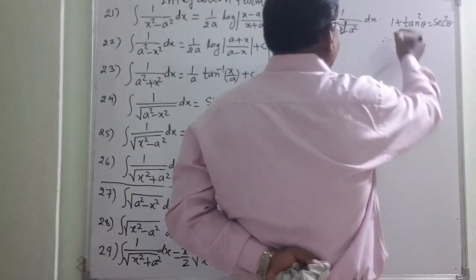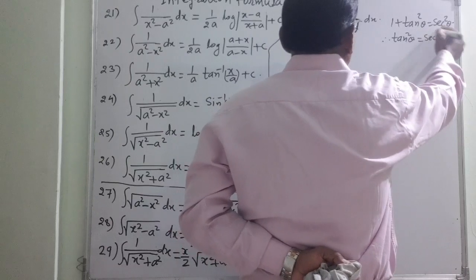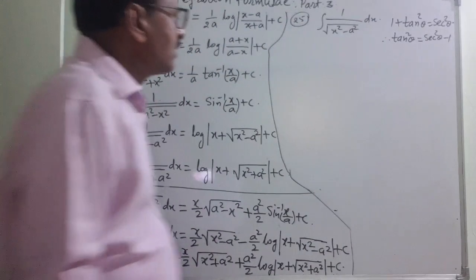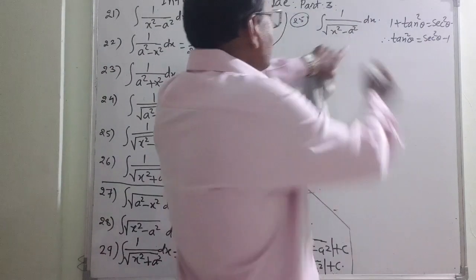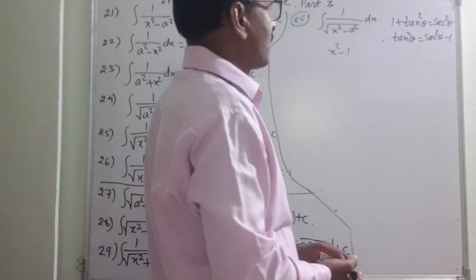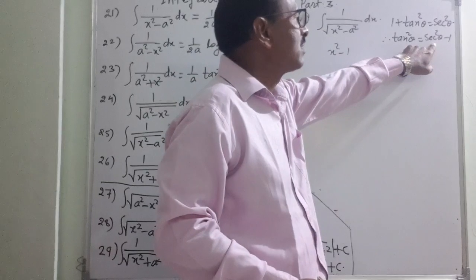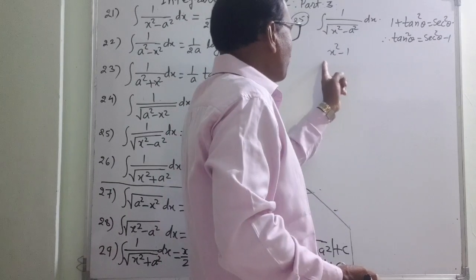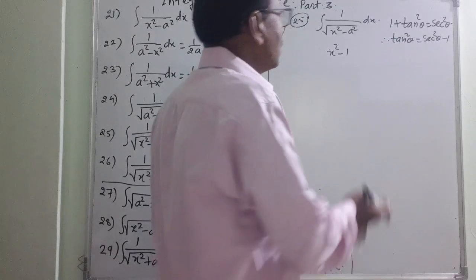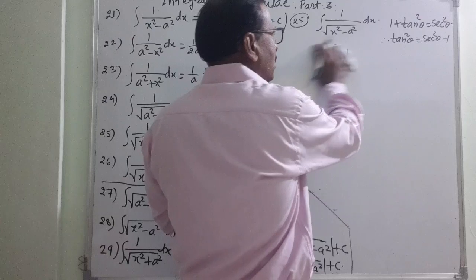Therefore, tan square theta is equal to sec square theta minus 1. Here it is, suppose x square minus 1. Suppose. Means x should be what? Sec theta. So it would have become sec square minus 1, and that is tan square. Are you getting this clear?